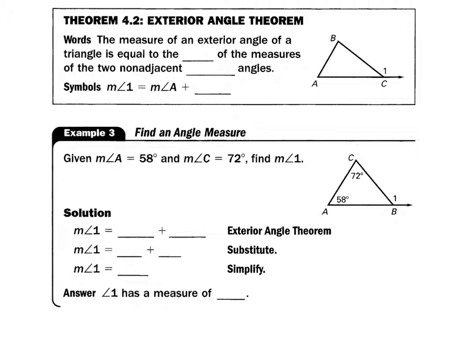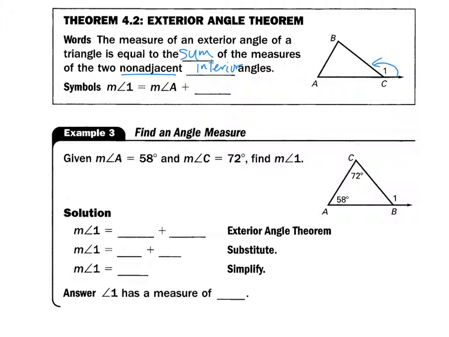It says that the measure of an exterior angle of a triangle is equal to the sum of the measures of the two non-adjacent interior angles. So in our example here, they extended the line AC, and angle 1 is an exterior angle.